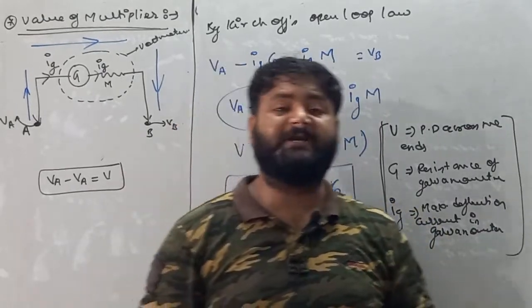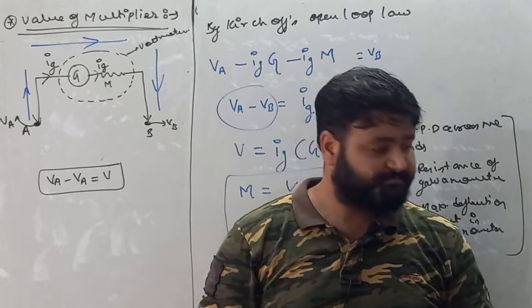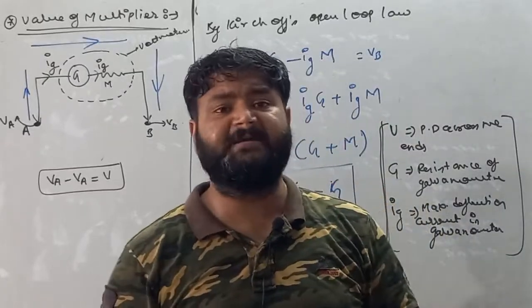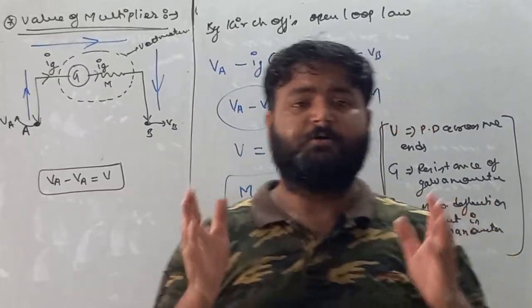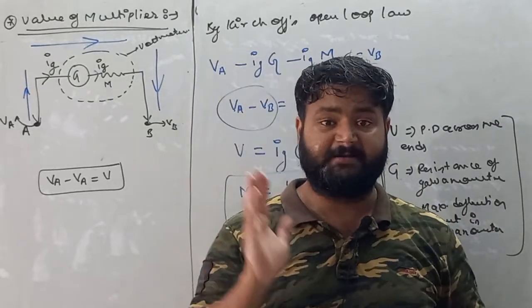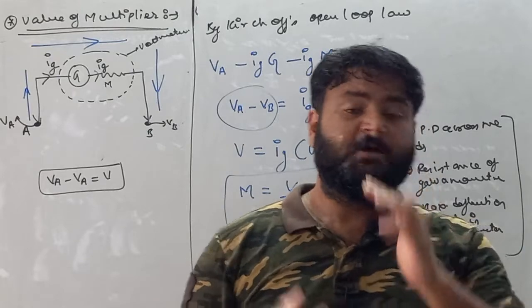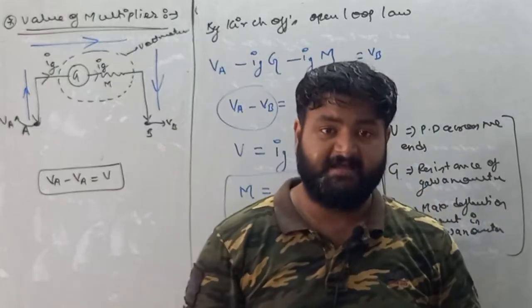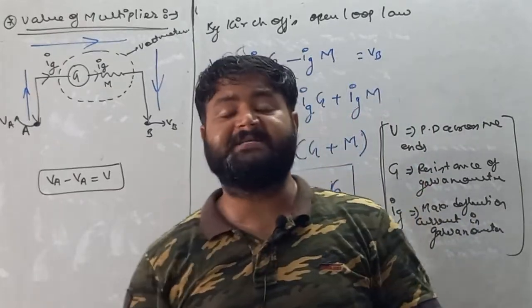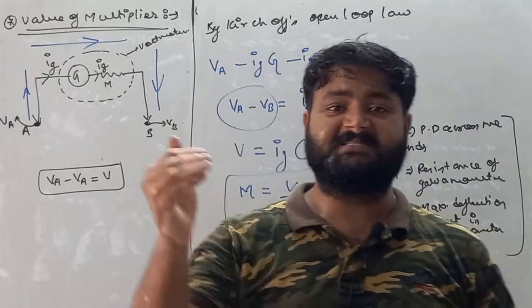A very important point, my dear student: a good potential measuring device is one whose resistance is very high, and a good current measuring device is one whose resistance is less.